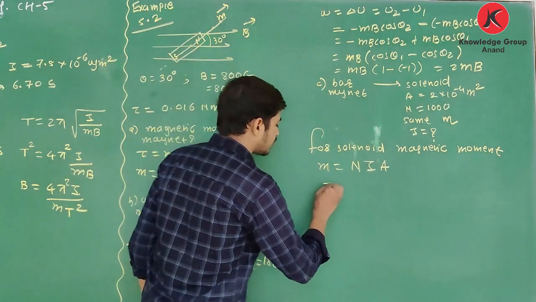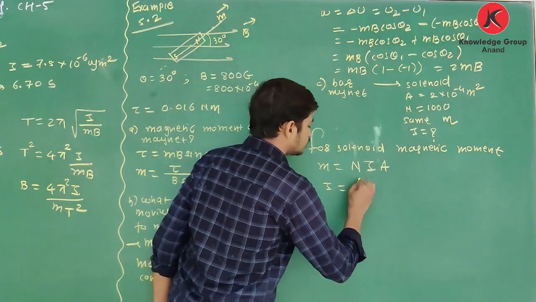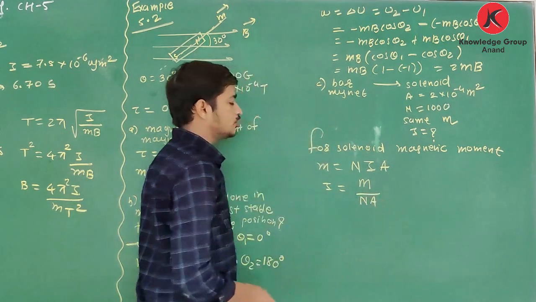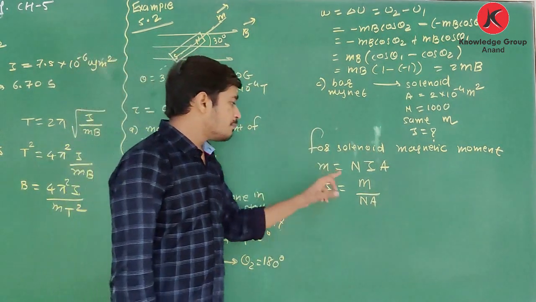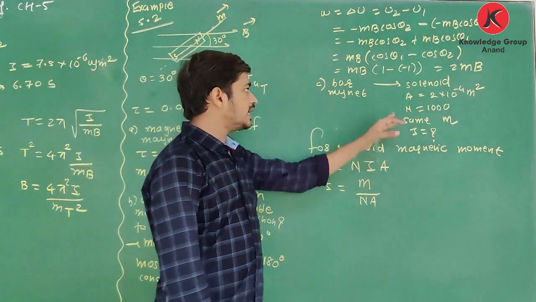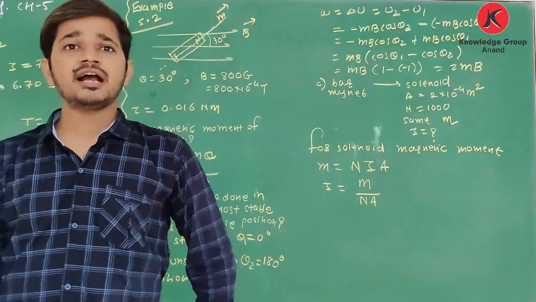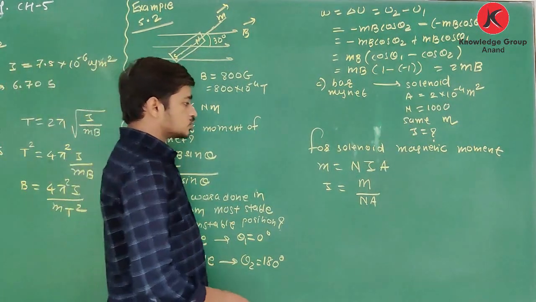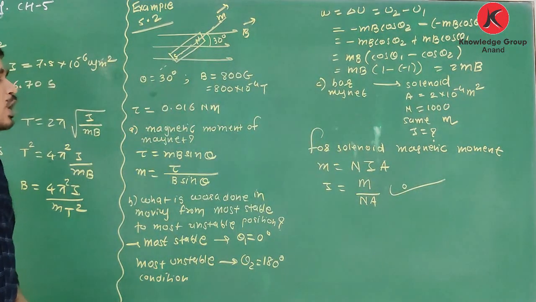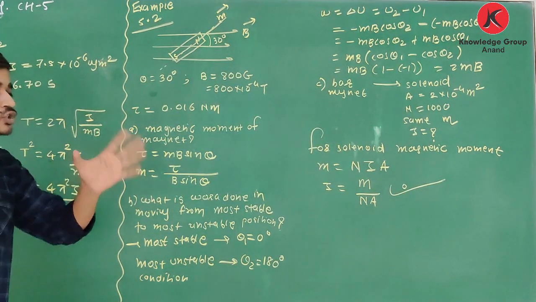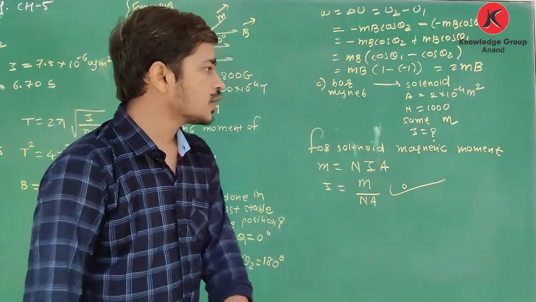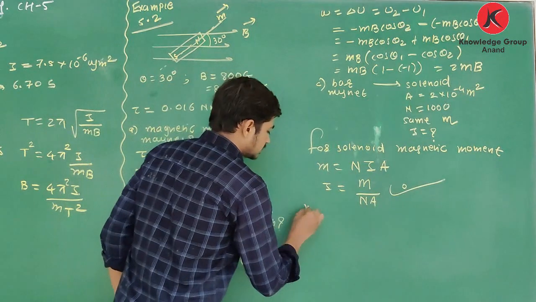So you have to find I. I = M/NA. M, the magnetic moment which you have obtained in part A, and N and A are given. With the help of this equation, you can easily find the current flowing through the solenoid. Clear about this?